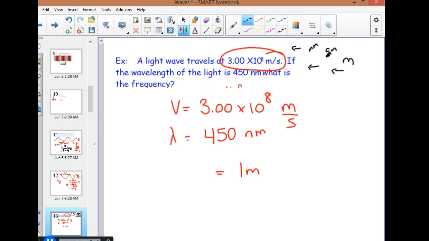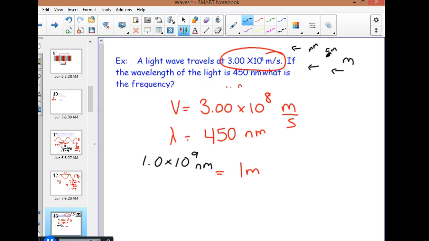The problem that we have with using the wavelength of light is that it is incredibly small, and we will need to do a unit conversion to do this. There is 1.0 times 10 to the 9 nanometers in 1 meter.